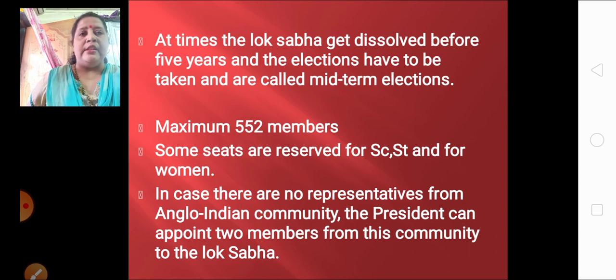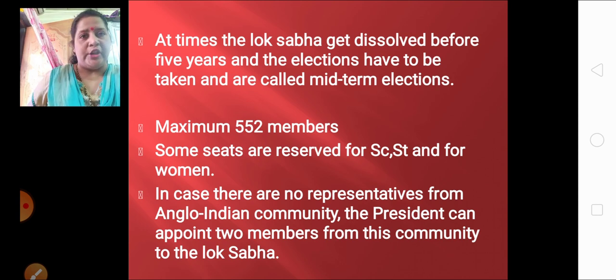In case there are no representatives from the Anglo-Indian community, then the president has full right to appoint 2 members from this community to the Lok Sabha. So here even the Anglo-Indian is a part of the Lok Sabha.